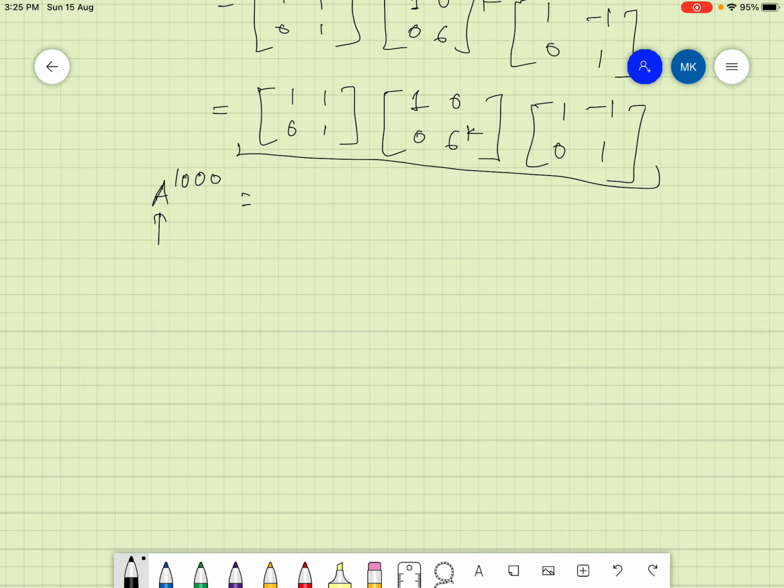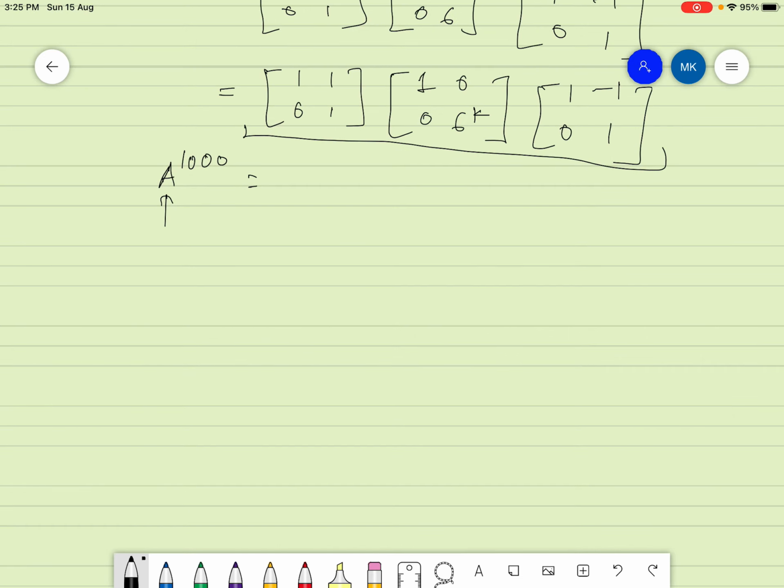So in your future studies, you'll see a lot of use of difference equations. In many cases you'll see a lot of sequences maintaining this equation: u of k plus 1 equals A into u of k.